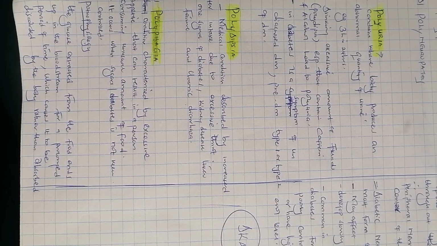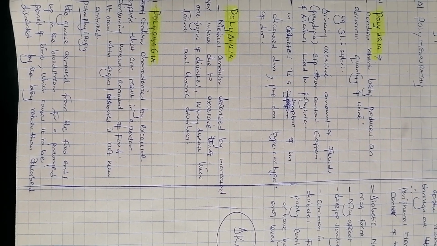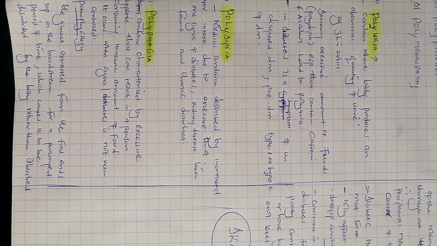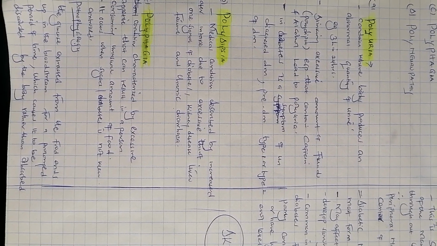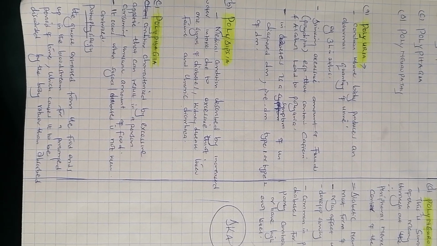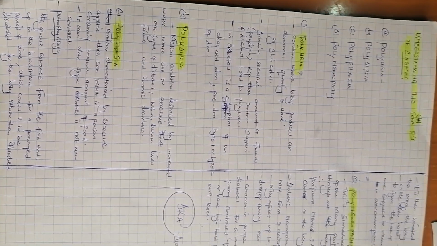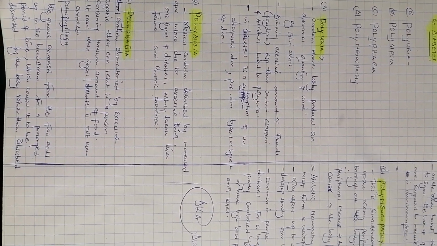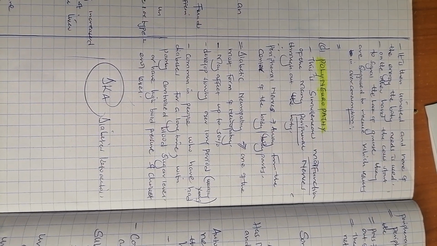It occurs whereby the glucose extracted from the food that we eat ends up in the bloodstream for a prolonged period of time, which causes it to be discarded by the body rather than being absorbed by the body.